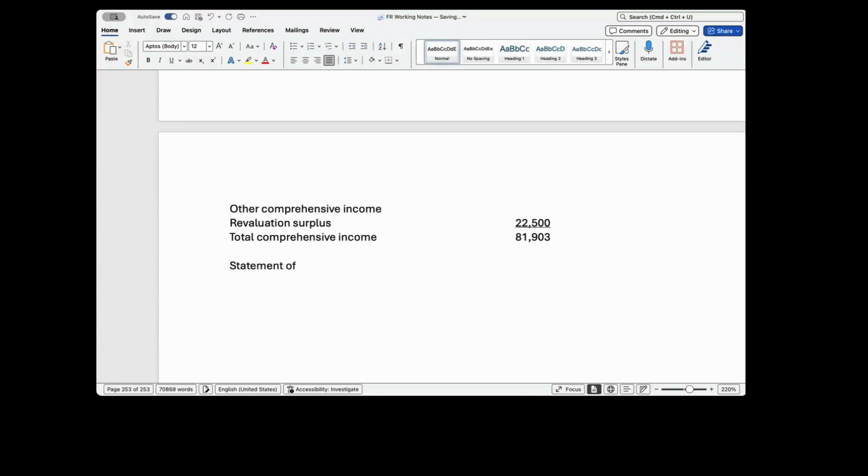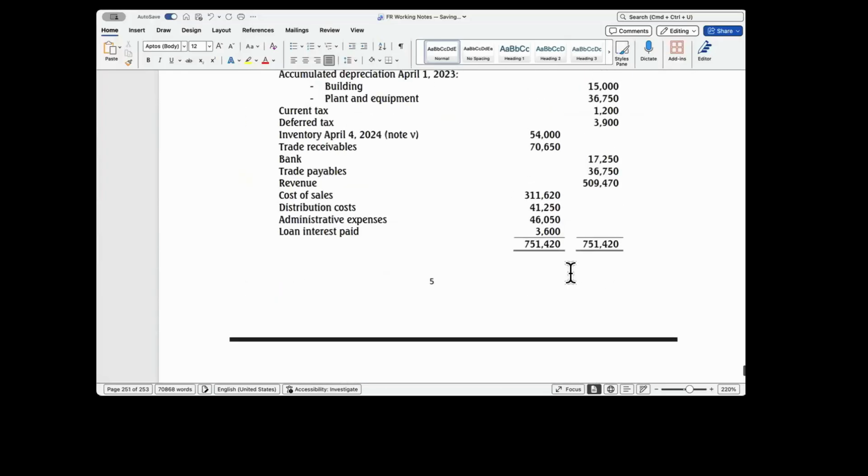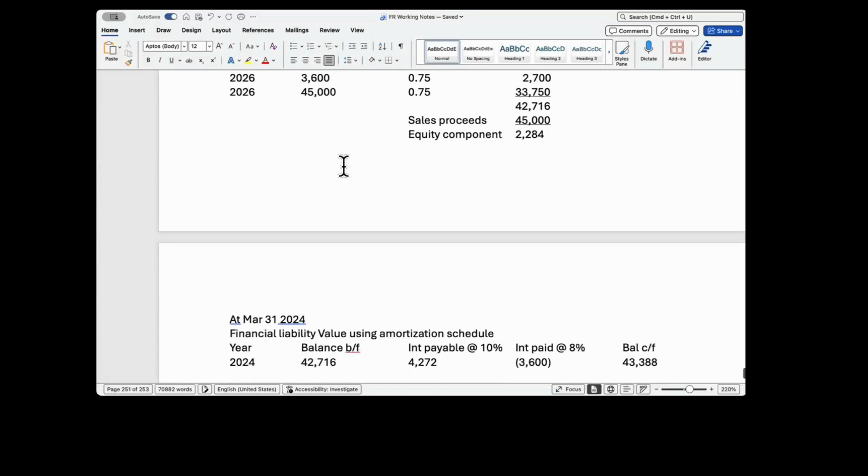Then I will go to my statement of changes in equity. I have my share capital. And let me go to my trial balance to know which items go to equity. The first item, share capital, I have retained earnings and this other component of equity and revaluation surplus.